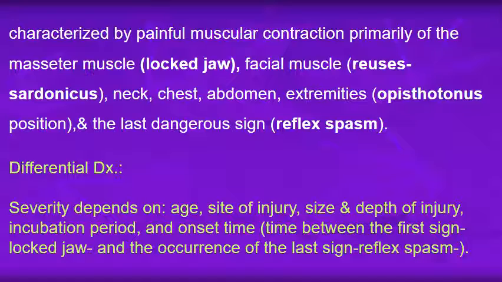And the last dangerous sign is reflex spasm, which is a severe continuous contraction of all the muscles of the body posterior to any simple impulse or any simple triggering action, like even a voice or opening the door or lighting the light and so on.